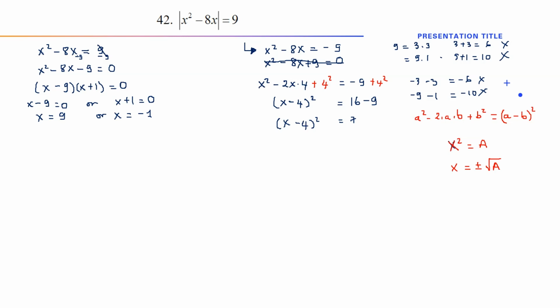So we do the same. x minus 4 equal plus or minus square root of 7. Adding 4 both sides, we'll have x equal 4 plus or minus square root of 7.